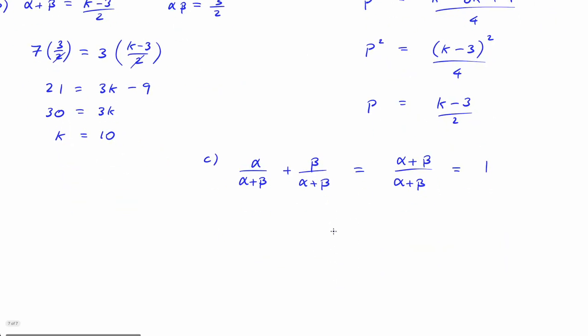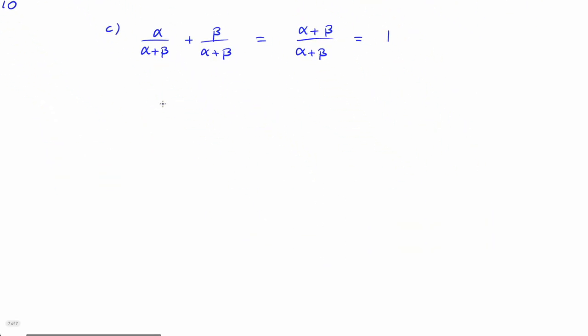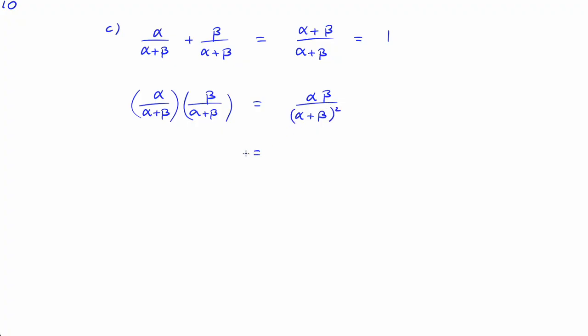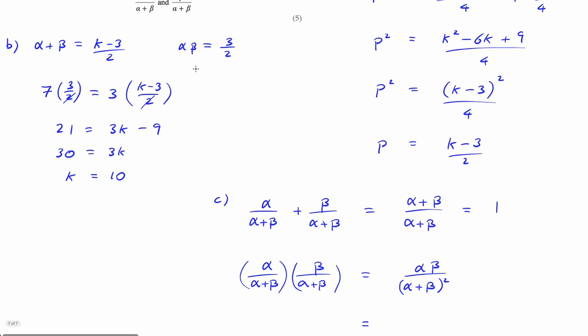And then the product of the roots, alpha over alpha plus beta, times beta over alpha plus beta. That is equal to alpha beta over alpha plus beta squared. Now we have alpha beta from here, guys. It's 3 over 2.